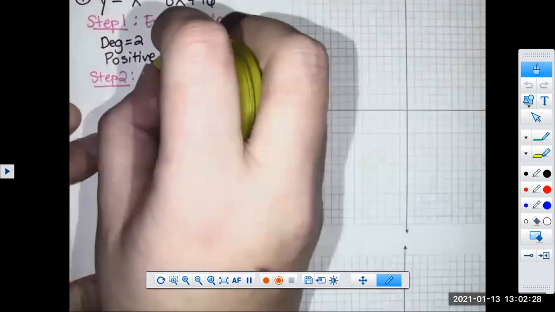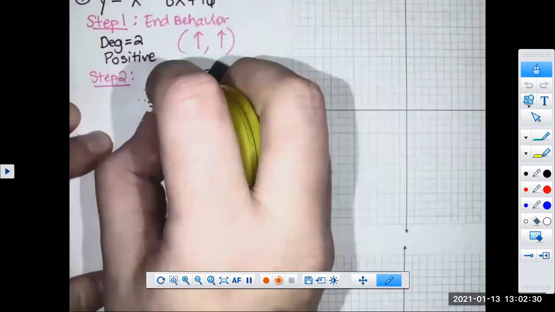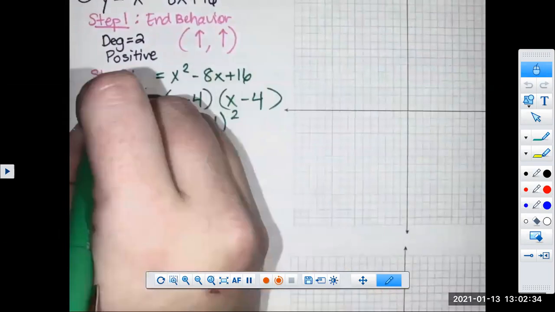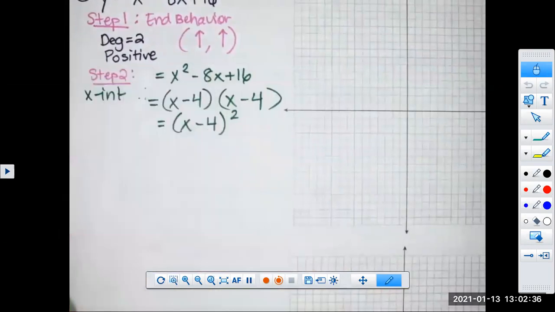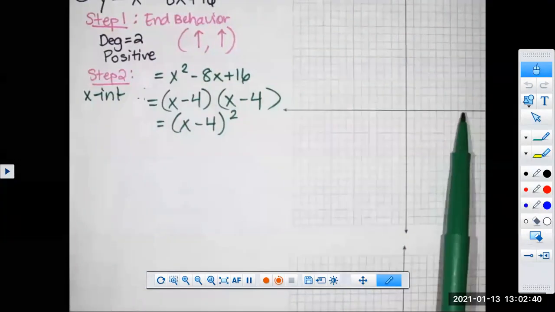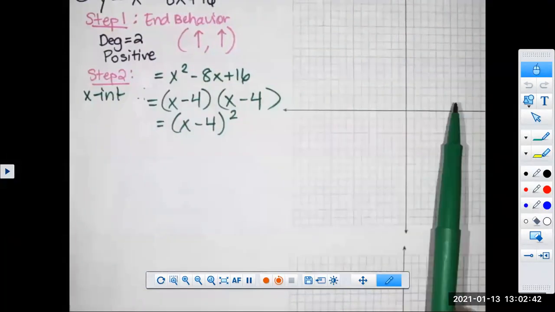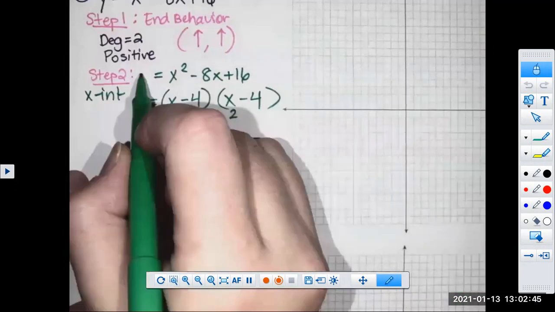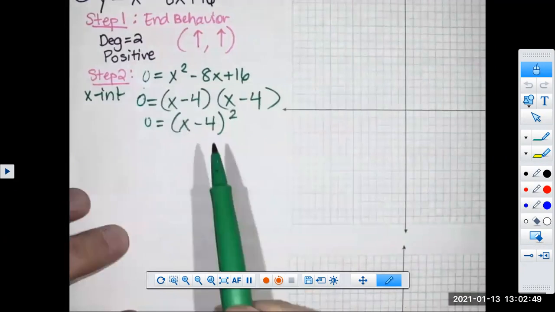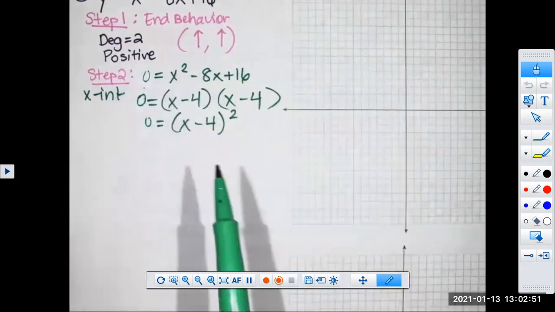Okay, one reason they call them the zeros is because if you're finding the x-intercepts or the zeros, what is your value of y? If you're on the x-axis, what is y? Y is 0. So anyway, that's how it factors.